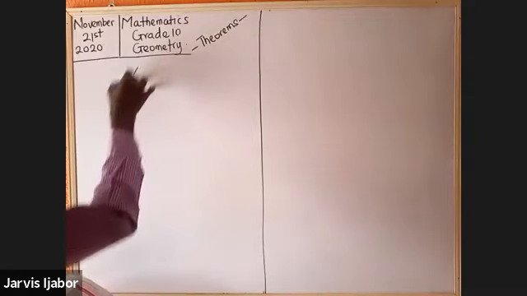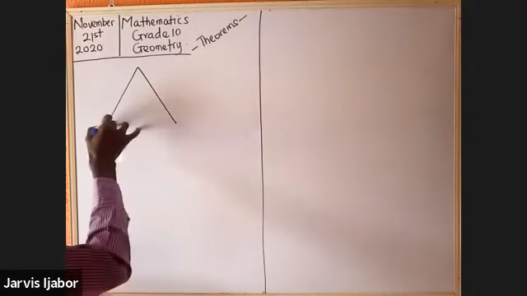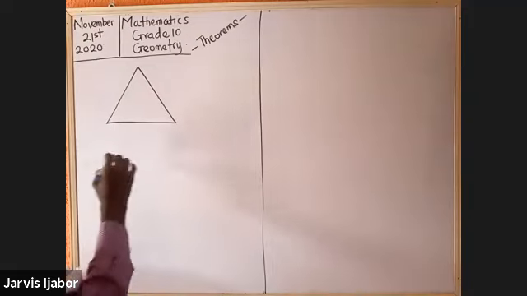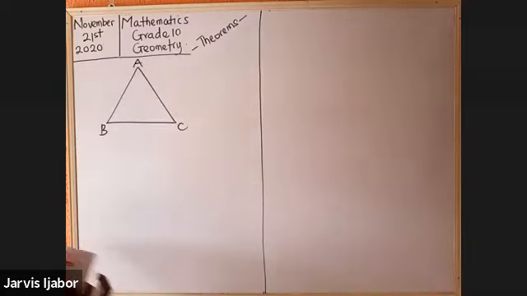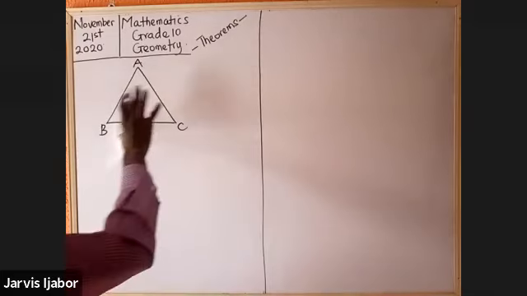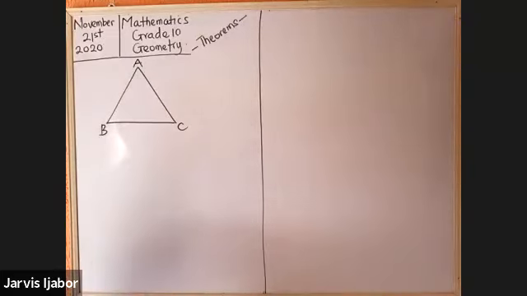Now let's look at the triangle. Now this is a triangle. Let's call it A, B, C. A triangle, we have established, has 3 angles, is that not? Yes.